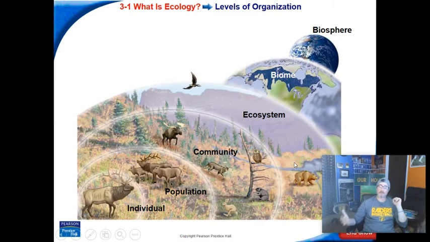So the non-living or abiotic things make up the ecosystem. That's the interaction between the living and the non-living, and that's where we get the term ecology. And then all of these ecosystems make up biomes, and all the biomes on the planet make up the Earth.